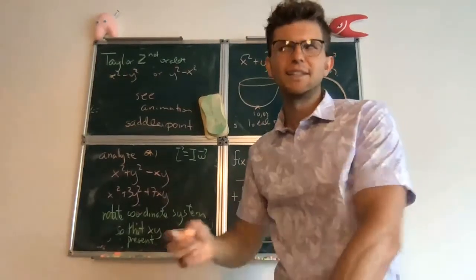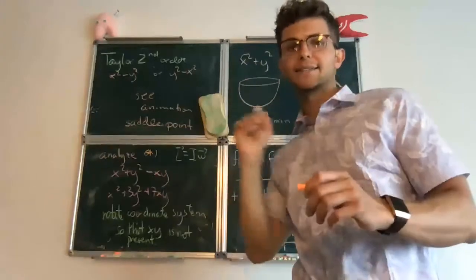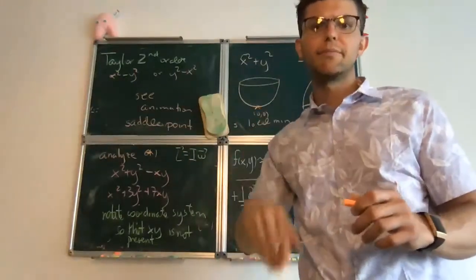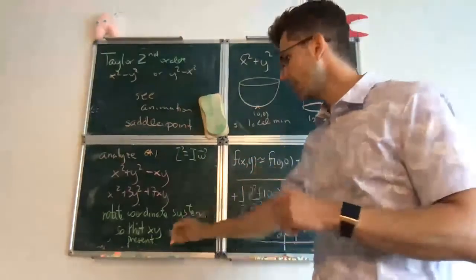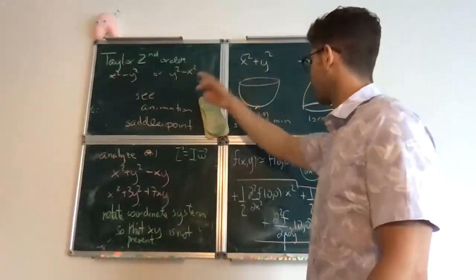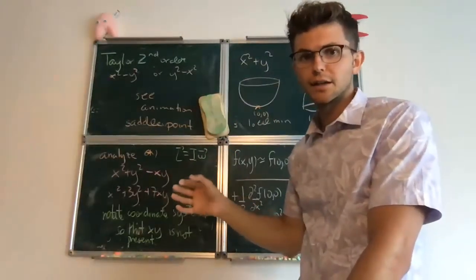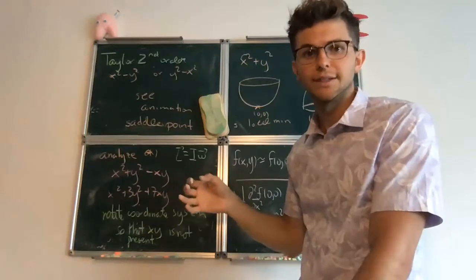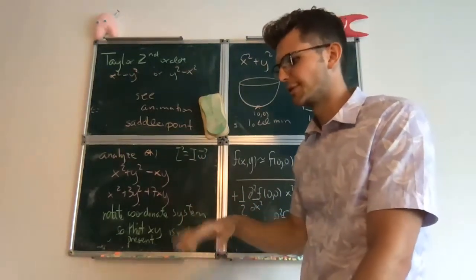There are some directions where you will see a max, and other directions where you see a min as you approach the origin. The nice thing is that we can distinguish between these three possibilities by just looking at an interesting combination of second partial derivatives. That's what I will explain in the next video.